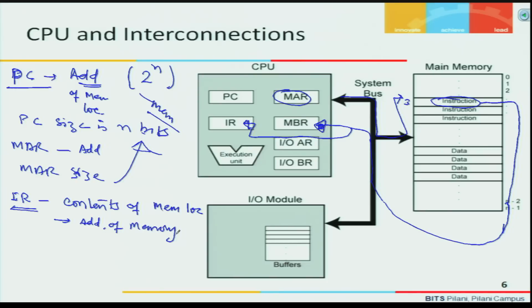It may be possible that one instruction can be stored in 2 locations as well. In that case IR should be of that size. But to make it simple, let us say one instruction occupies one location in the memory. In that case the IR size is equal to the addressability of the memory. I should write addressability.